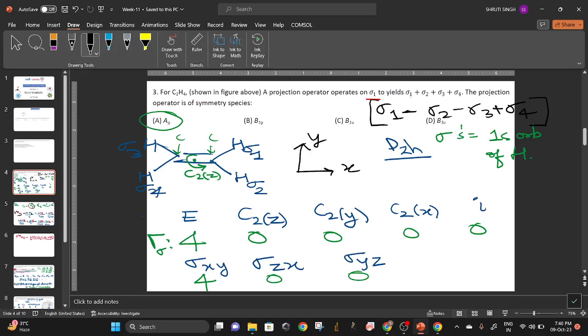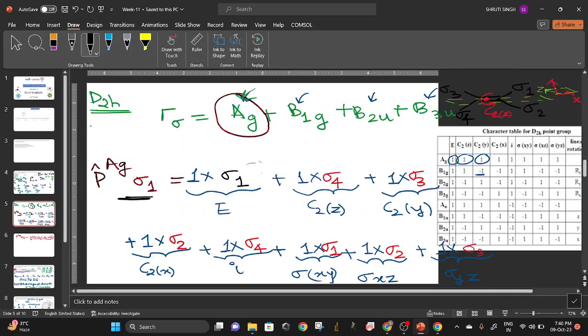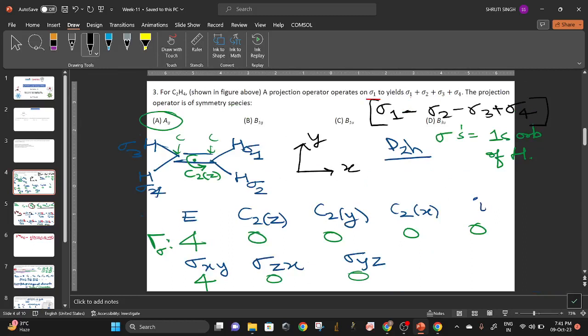Now you have to try all three. Ag we saw already; Ag gives the totally symmetric combination, all plus. Now you have to check all three and see which one gives this combination. Can you do that now, Rishi? Shall we try now?